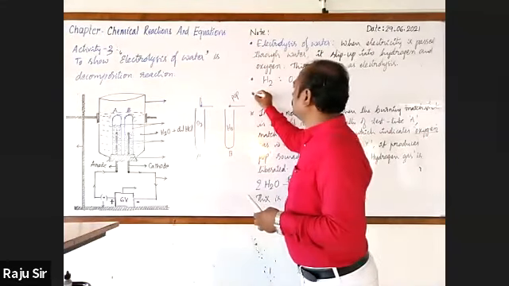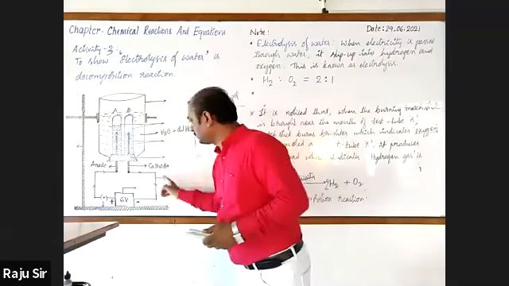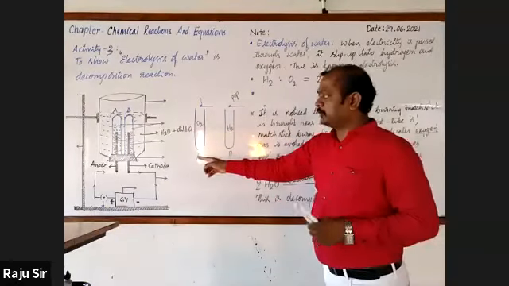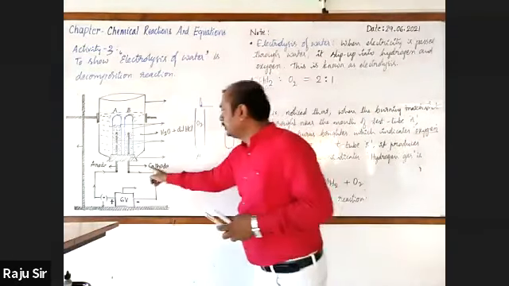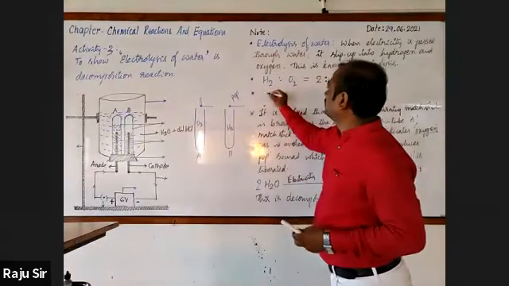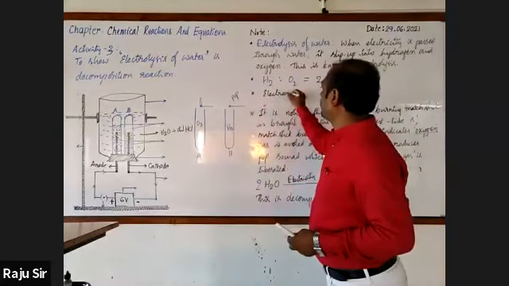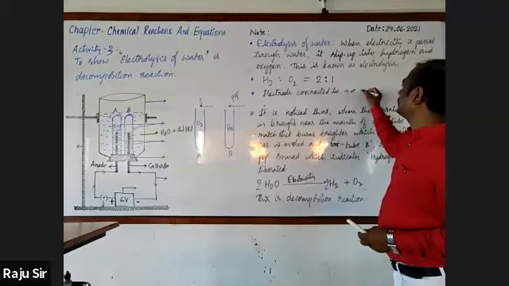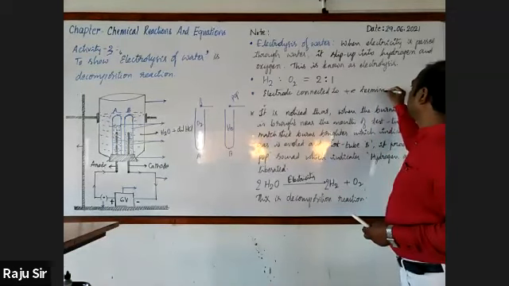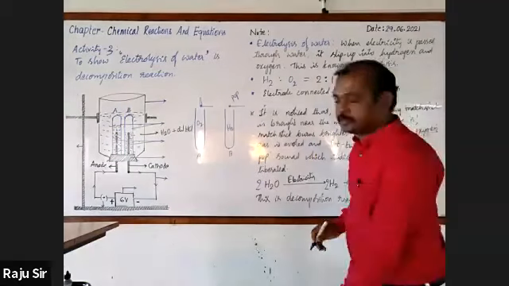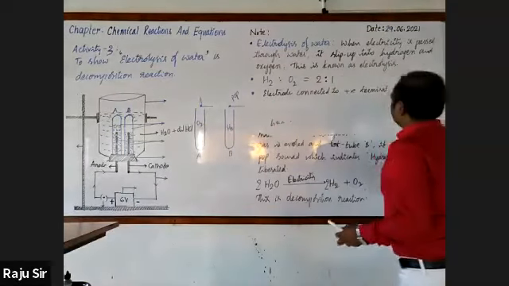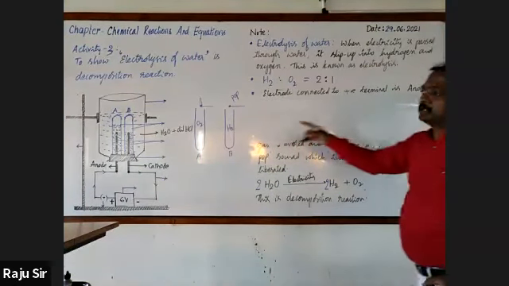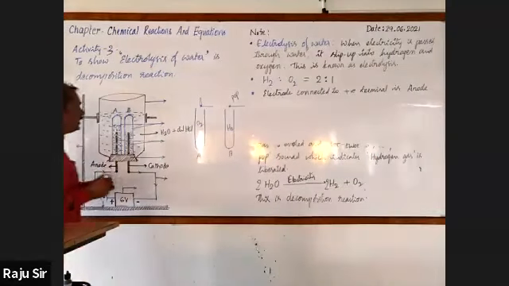Next point. We know that the electrode connected to the positive terminal of a battery is the anode, and the one connected to the negative terminal is the cathode. Near the anode, which gas is released?